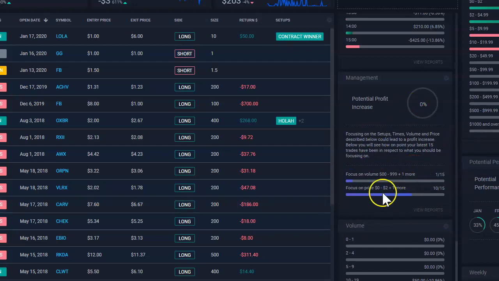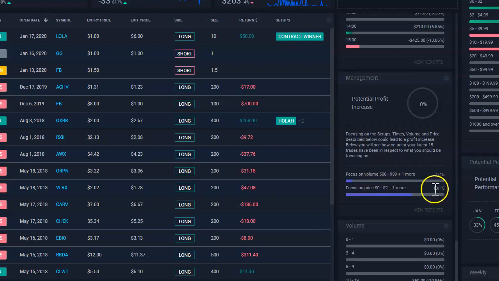So the system is tracking how well am I doing in the last 15 trades. So the system is telling me in this case that in the last 15 trades, I seem to be following almost my plan every time for focusing on this range of price, okay?